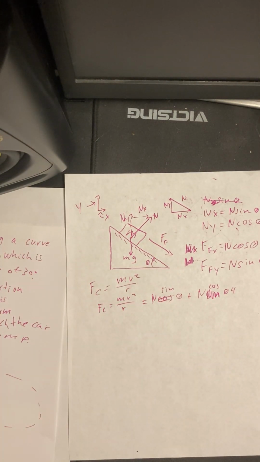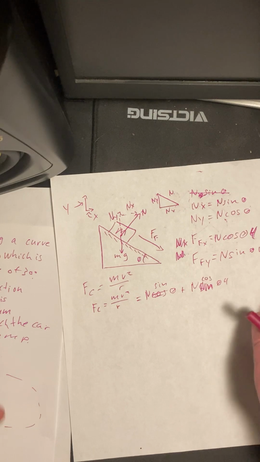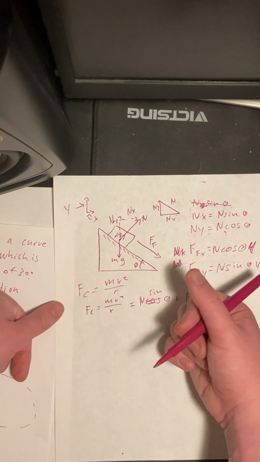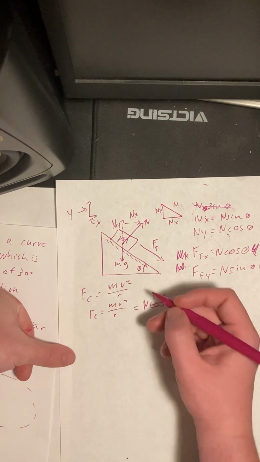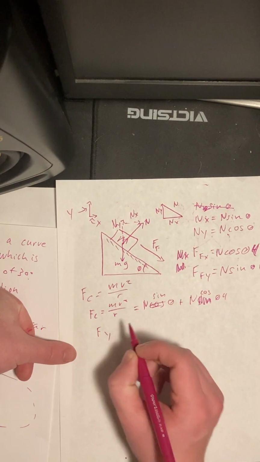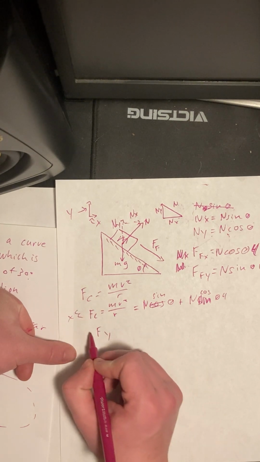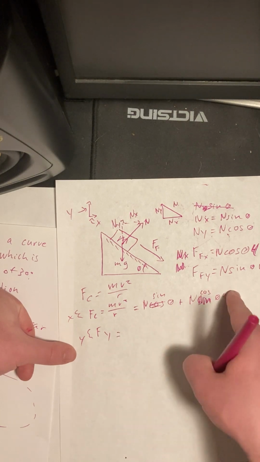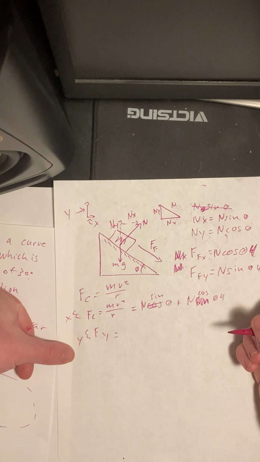So what this should be equal to, so we need to look at those. We have mg. Actually I'll write this the other way. So we have our f of y, so let's say these are our x components, x, y, equals, these are actually going to be subtracted from each other.